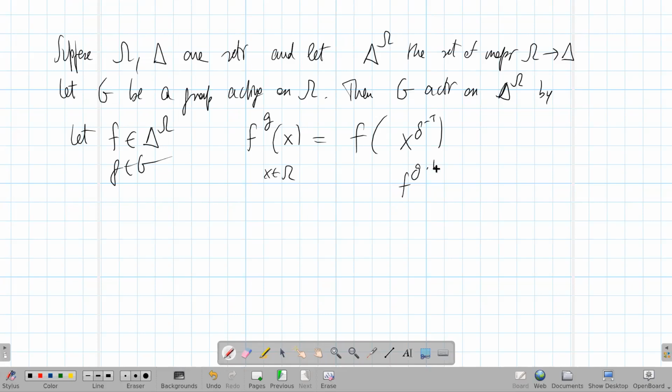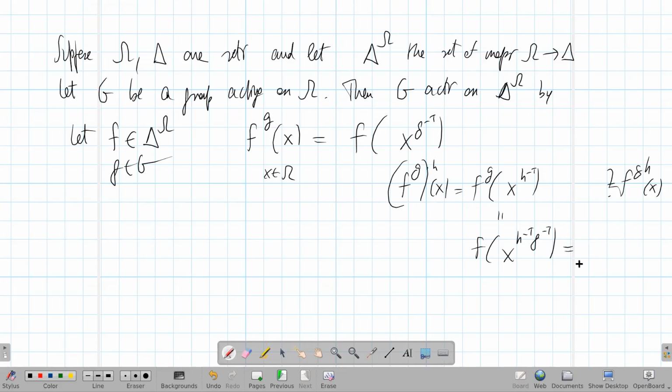So let's do the quick calculation. What happens if I first apply g and then h to f? I want to show that this equals f to the gh, okay? This is to be proved. So for every x, I take this on x. So what's this? This is the function under h on x, so it's f of x h inverse, because this is the action. And then g acts on this. So this is f of x h inverse g inverse, okay?